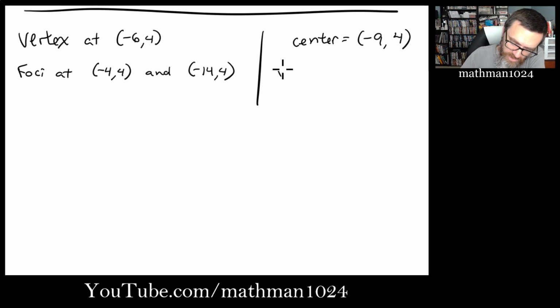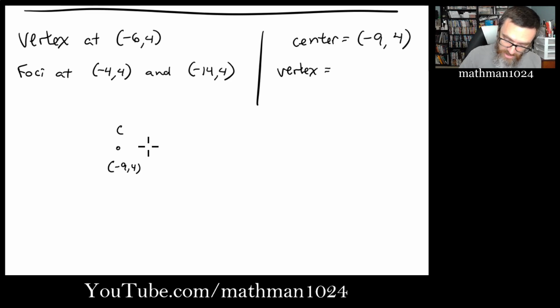Let's go ahead and get the other vertex. So we got one vertex that is, if you look at this, from negative 6 to negative 9, that's a change of 3. So I think it's helpful if you kind of draw a quick little picture here. So we are at negative 9, 4 for the center.